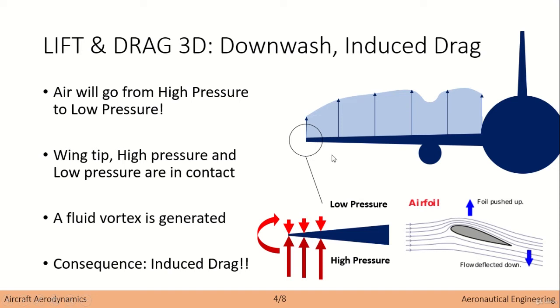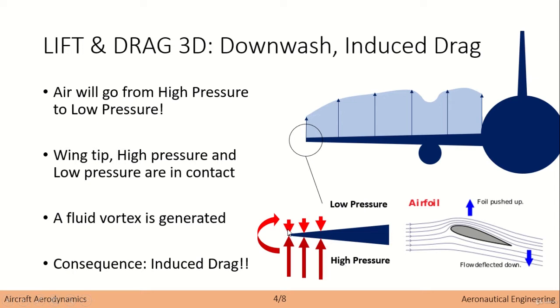Okay, so what would happen if we were to discuss the wingtip? In the case of the wingtip, and in this case I exaggerated this a bit for it to be more clear, we have high pressure at the bottom, at the lower part, which is what we discussed, and low pressure on top. So we will have a difference in pressure that is translated into lift at any length of the wing. However, at the wingtip, just the literal wingtip, you will have almost at the same point high pressure and low pressure.